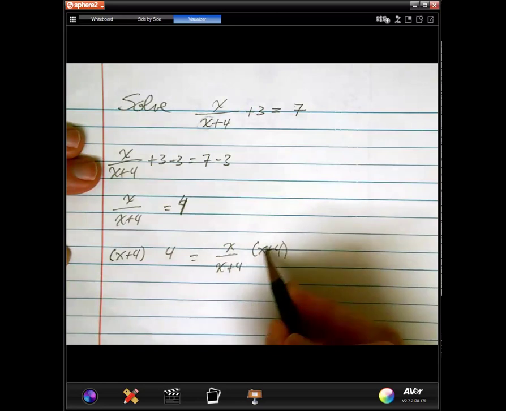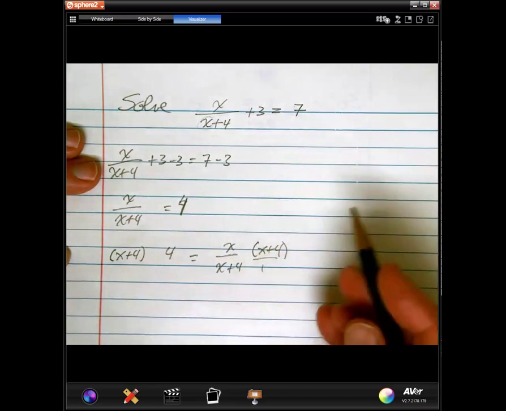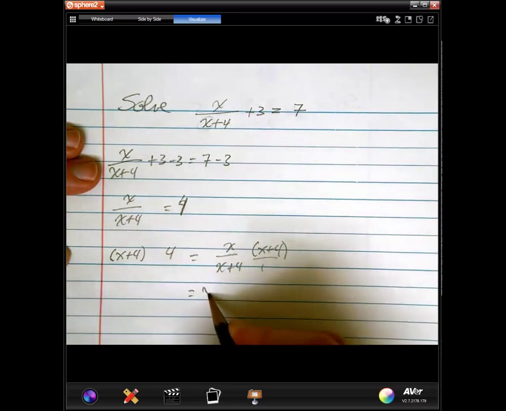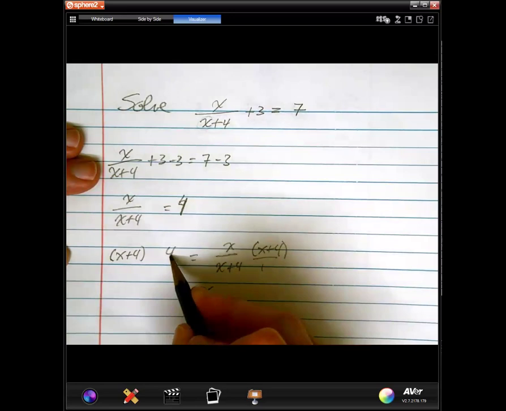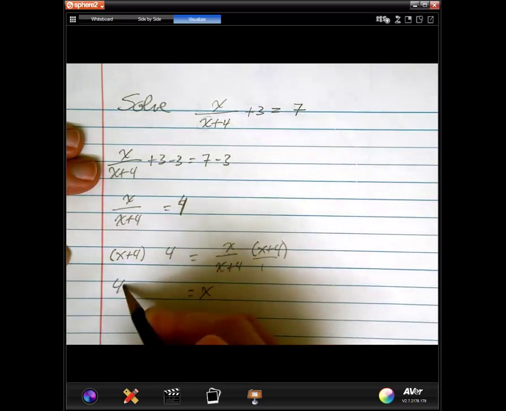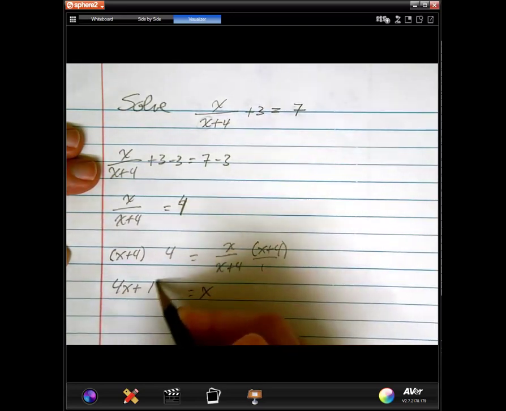So again, when I multiply both sides, I get x plus 4 over x plus 4. This is just really 1, because the same thing over the same thing is 1. So I'm just left with x. Here, I'm going to distribute this 4.